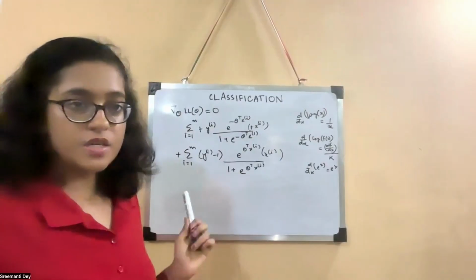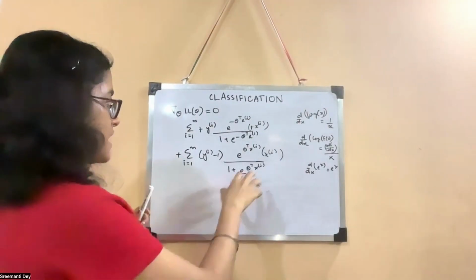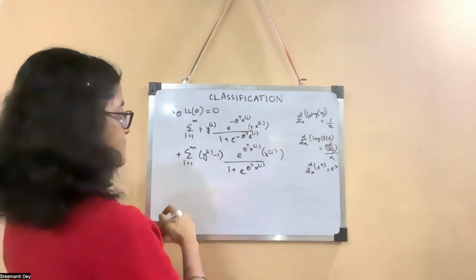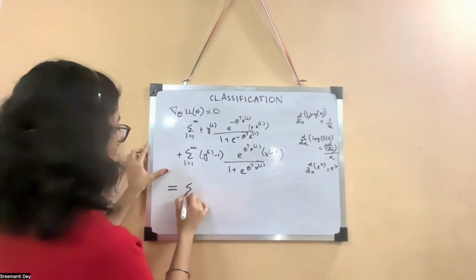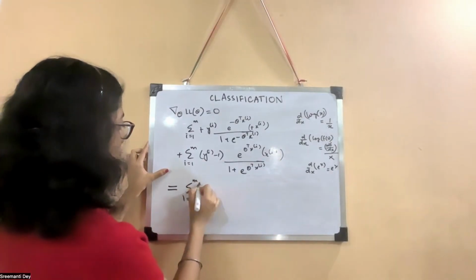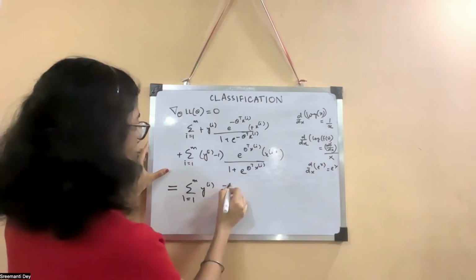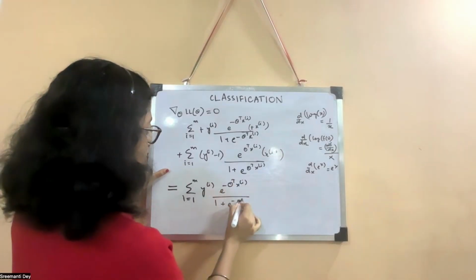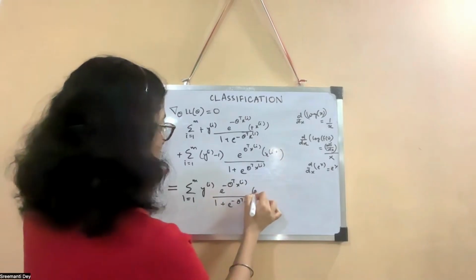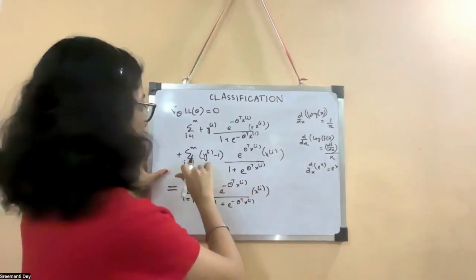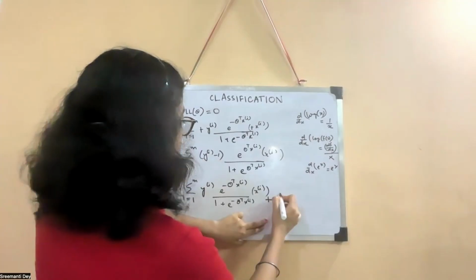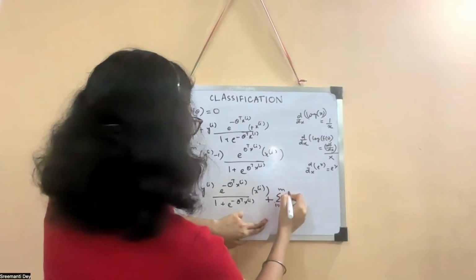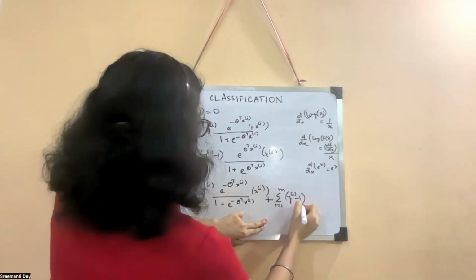Great. So now you just saw what I did. I'm going to convert this one into this form. You will soon realize why I'm doing this and not the opposite. yi e to the power minus theta transpose xi over 1 plus e to the power minus theta transpose xi, multiplied with xi. And this one, sum from i equal 1 to m of yi minus 1.